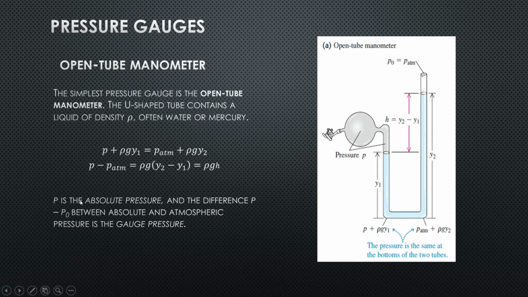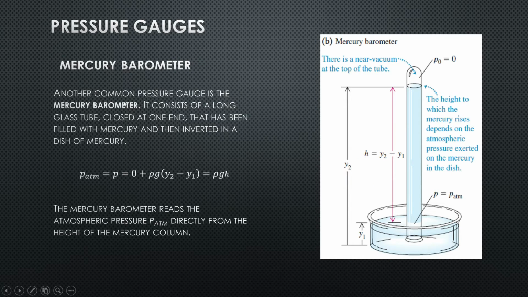P is denoted as absolute pressure, and the difference between P minus atmospheric pressure will be equal to the gauge pressure, rho gh. The second one is the mercury barometer.